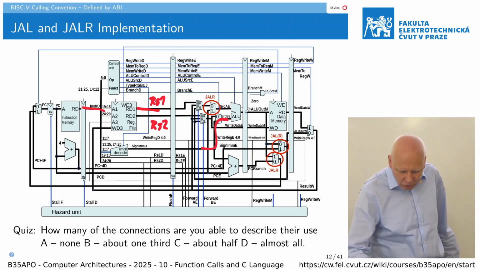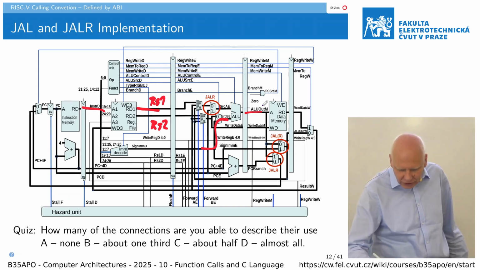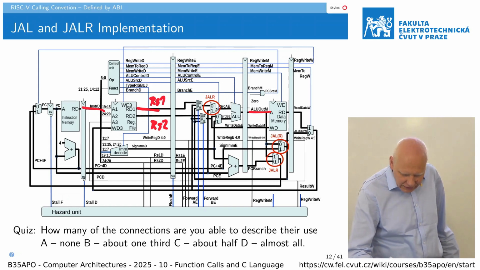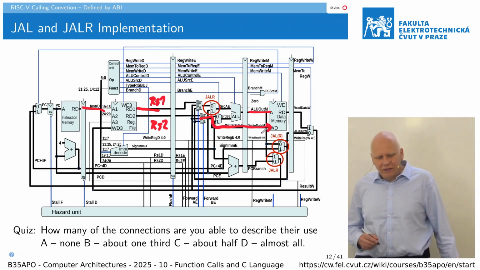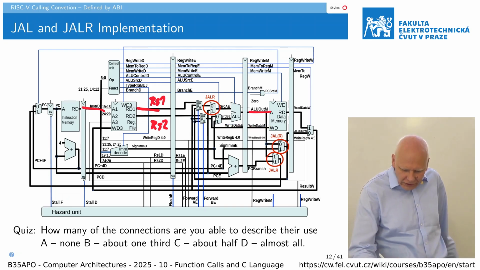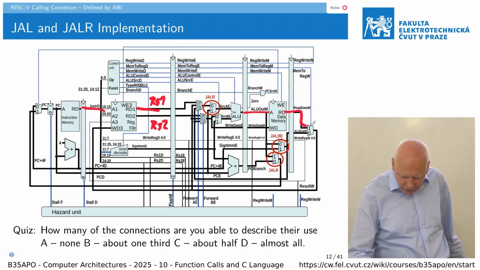Then we have that output from the arithmetic logic unit, which can be used for the address to the data memory. In such a case, if we want to write, then the second register is used as the data which are written to the memory, or we can use the address and read the value from the memory.